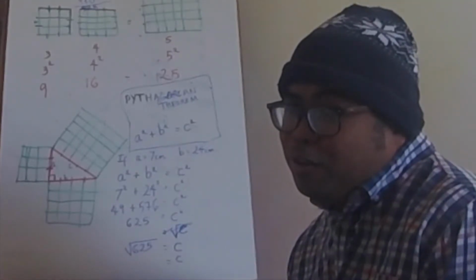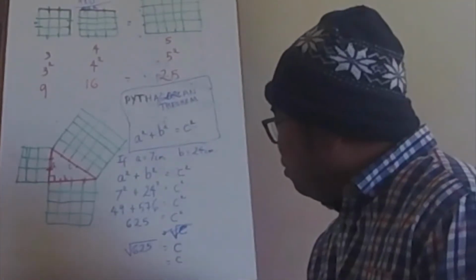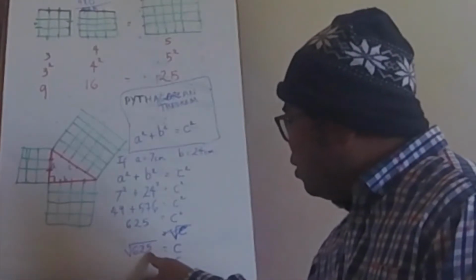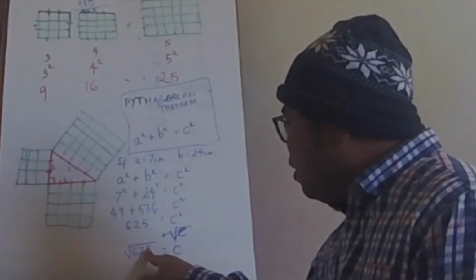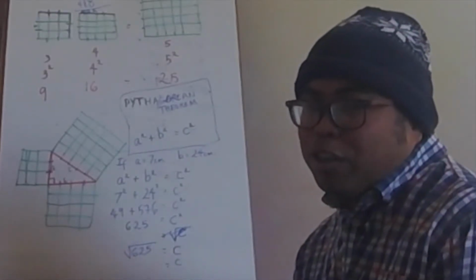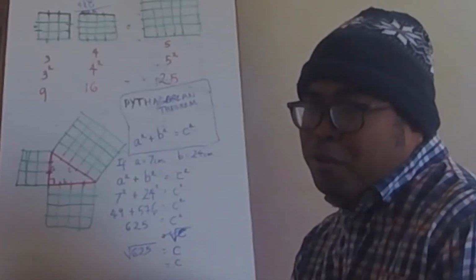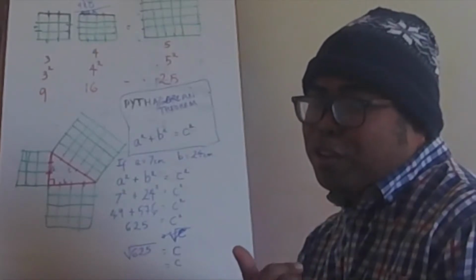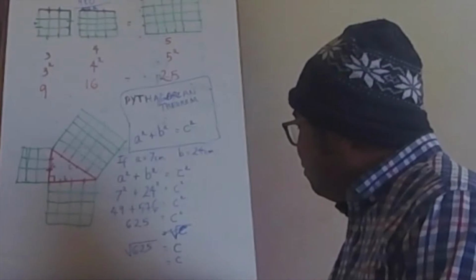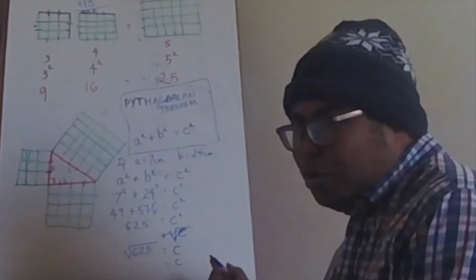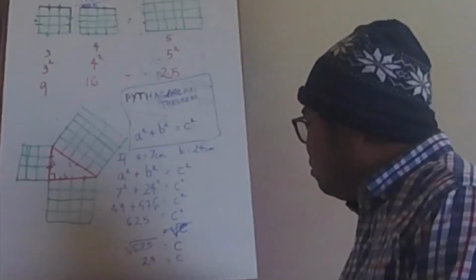It wouldn't be 31. When you multiply them, it should end in 5. 20 times 20 ends in 0, 30 times 30 ends in 0. It should be 25. Yeah, 25 times 25.